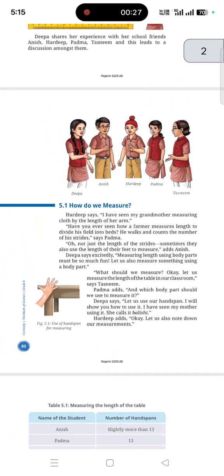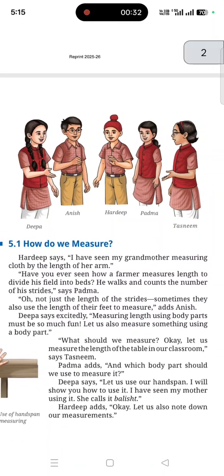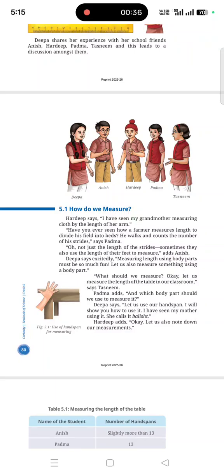When she comes to school, she discusses this system with her friends. One friend says that she has seen her grandmother using arms for measuring clothes.